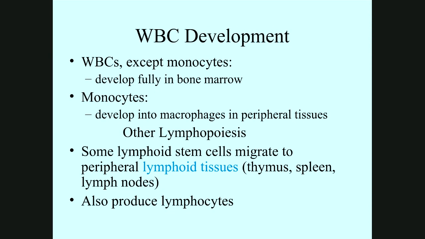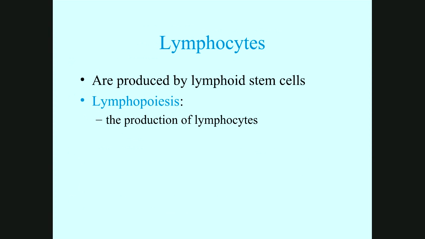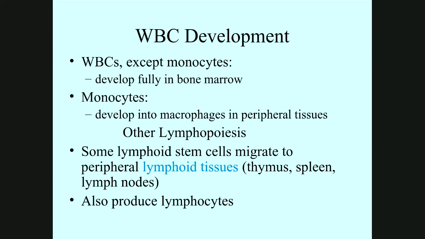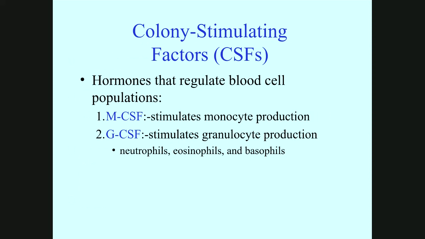Some lymphoid stem cells migrate to peripheral lymphoid tissue, such as thymus, spleen, and lymph nodes, and produce lymphocytes. During white blood cell development, we have factors such as monocyte stimulating factors or granulocyte stimulating factors that will help to produce these white cell populations.